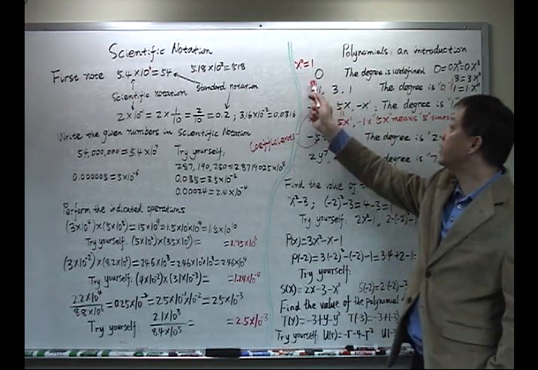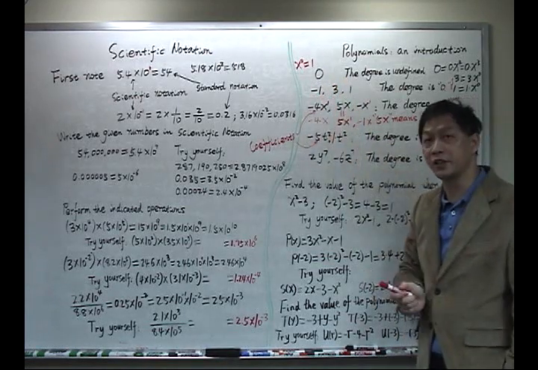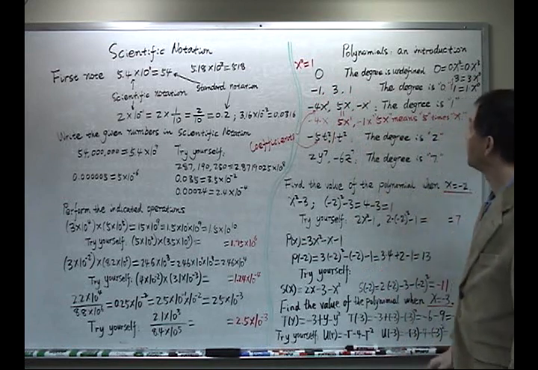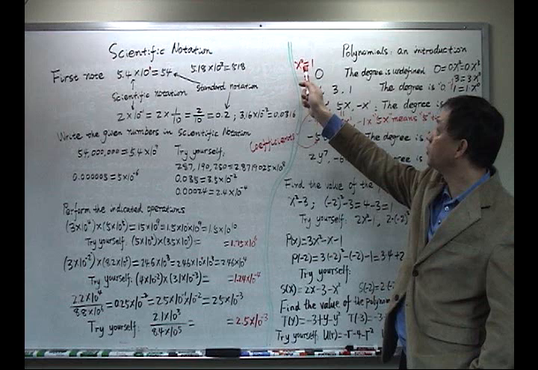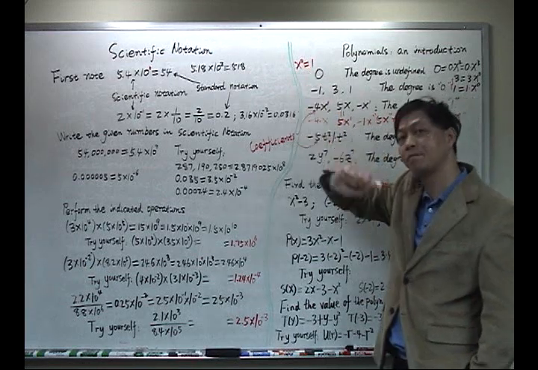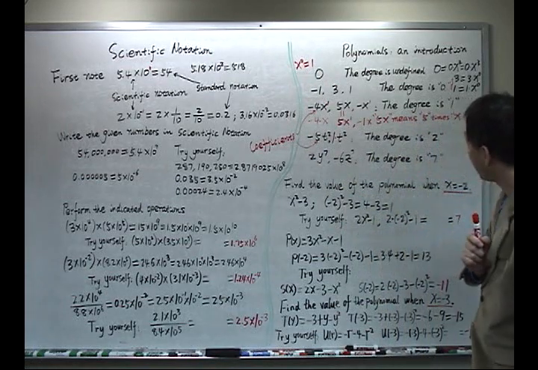There are the non-zero constants, which are special cases for polynomials. Note, x to the 0 is 1. It's not 0. X to the 0 is 1.